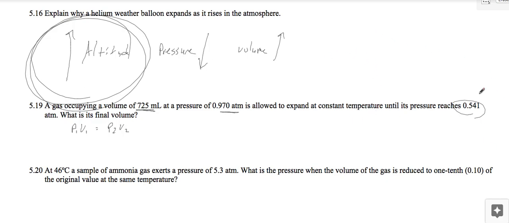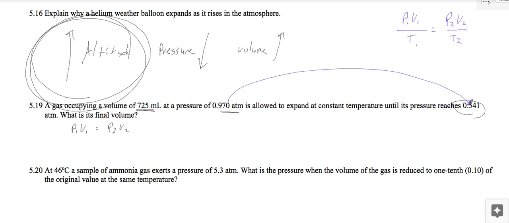We always have the same equation, P1 V1 over T1 is equal to P2 V2 over T2. And this is the combined gas law. We can use this to figure out any kind of these problems where there's a change.